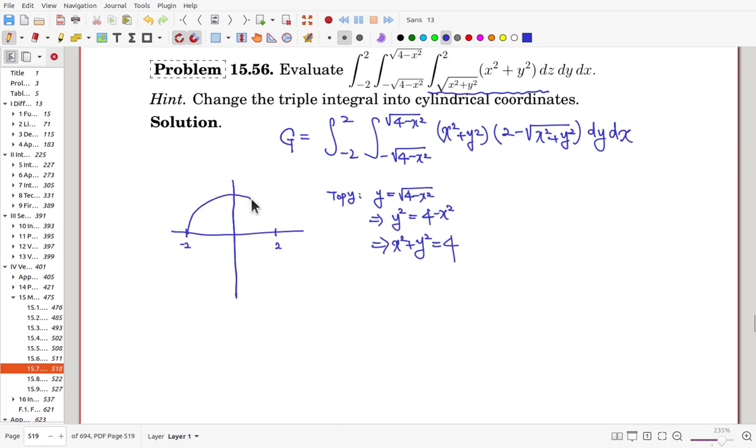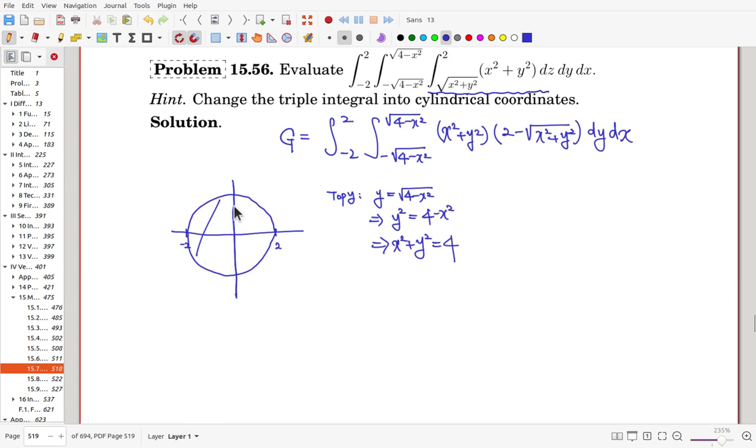For the bottom y, you get the same result, which means the bottom is also on the circle.